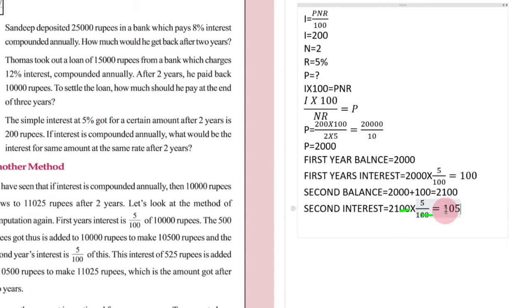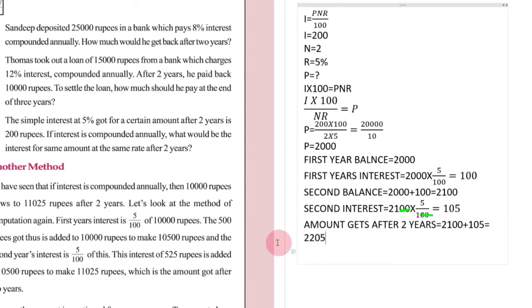The amount we get after 2 years is equal to 2,100, that is the second year balance, plus the second year's interest 105. So that is 2,100 plus 105, which is equal to 2,205.